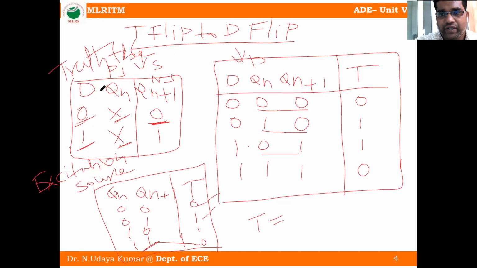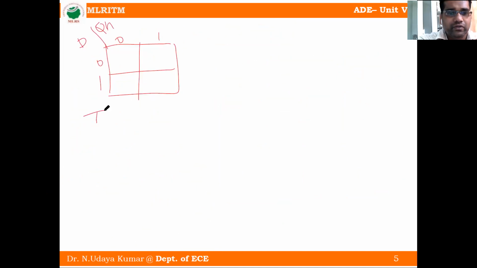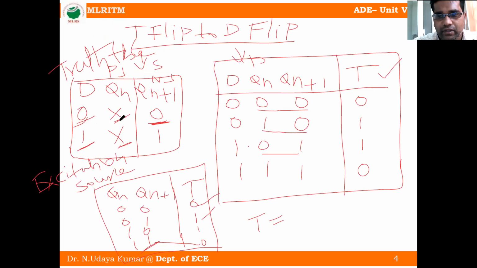We are finding the expression for T. So when will we get T is equal to 1? If D is equal to 0 and Qn is equal to 1, then only we will get T is equal to 1. So D is equal to 0 and Q is equal to 1 means this one.